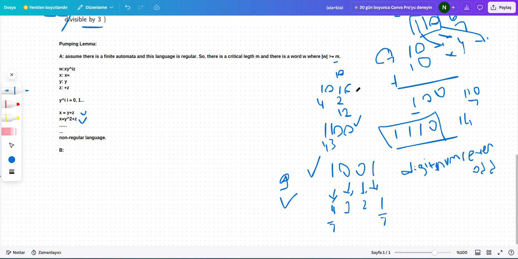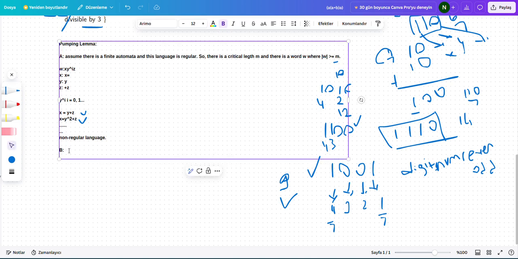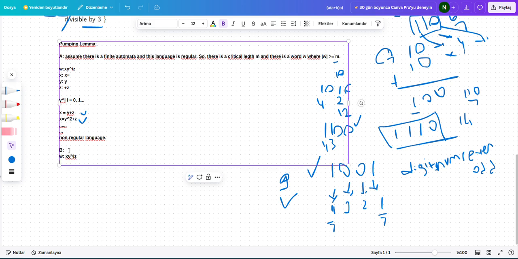So here we need to find the correct word for our pumping lemma. If we write our word like 101101, let's think about that: 1, 2, 3, 4, 5, 6.